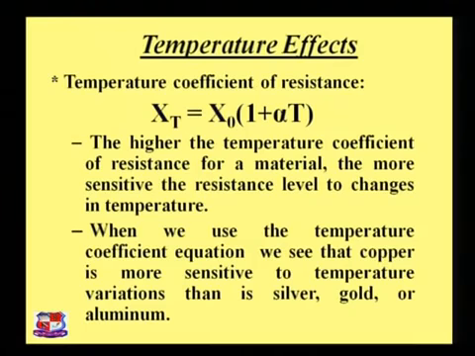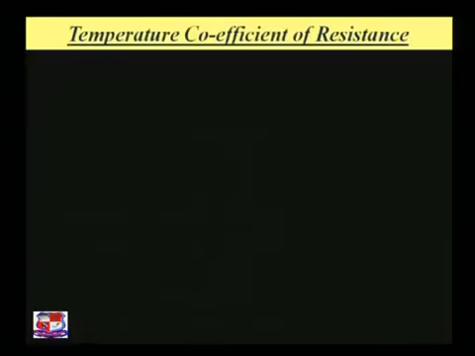When we use the temperature coefficient, we generally prefer a material like copper, because it is more sensitive towards temperature variation than silver, gold or aluminum. So ultimately, the material preferred is copper wire.